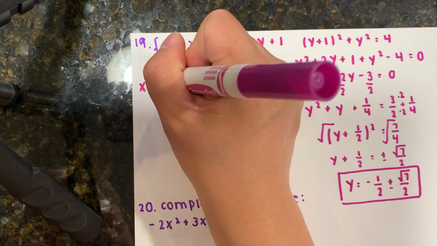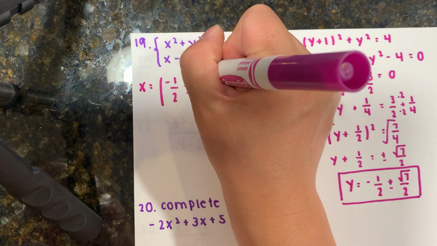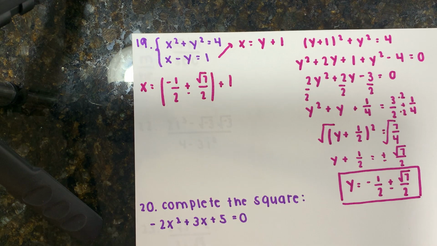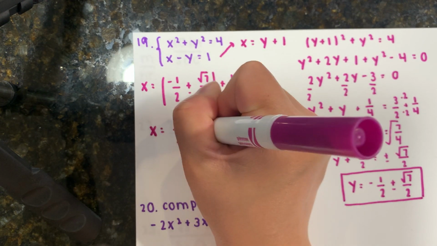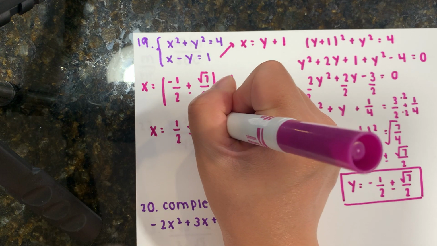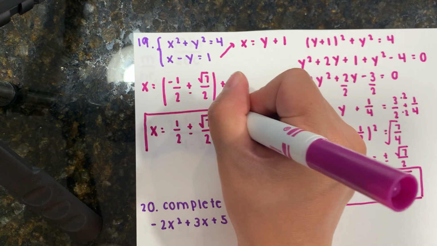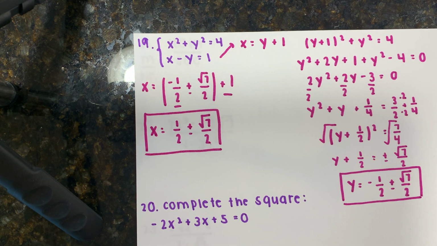So x is going to be equal to negative 1/2 plus or minus the square root of 7 over 2 plus 1. And you can add the 1 and the negative 1/2, which would give you positive 1/2. But the root 7 over 2 is going to stay the same. So all you did was add the 1 and the negative 1/2 together.